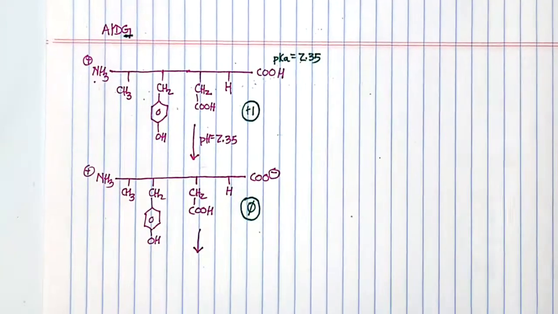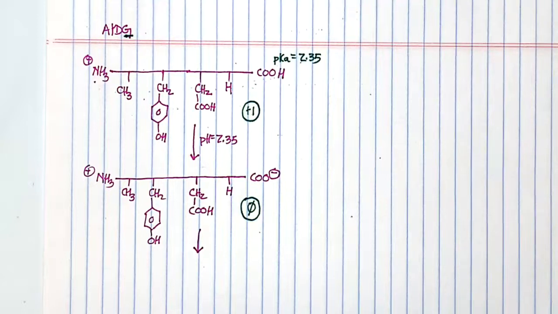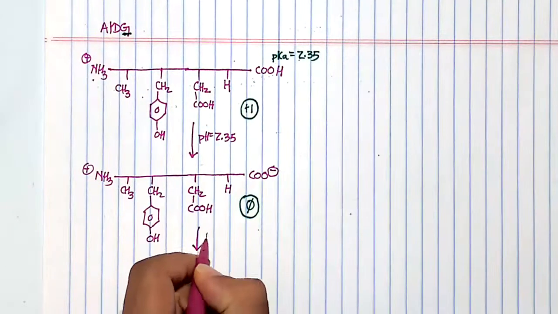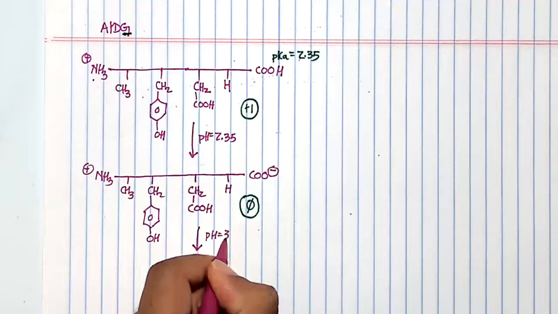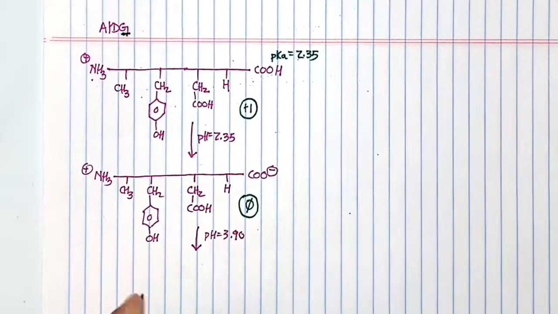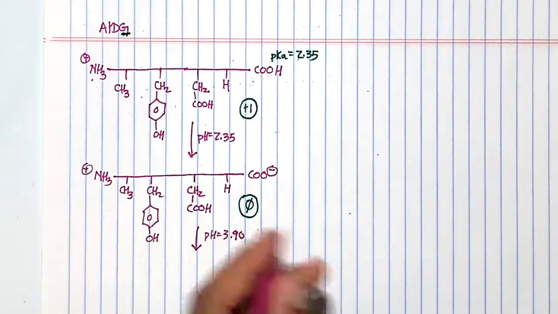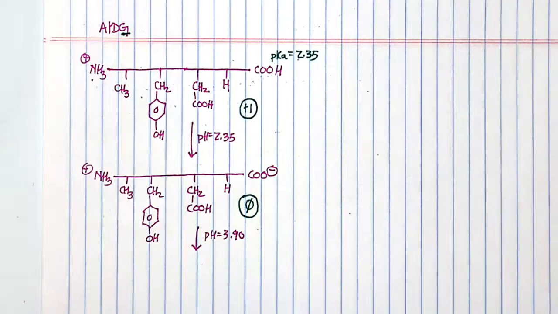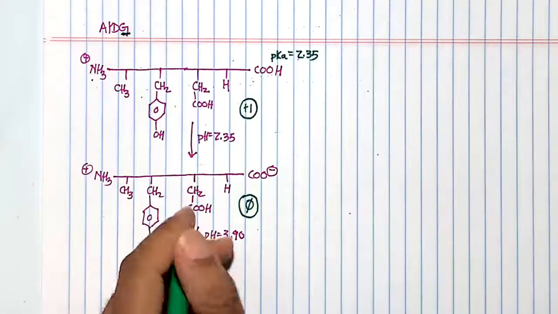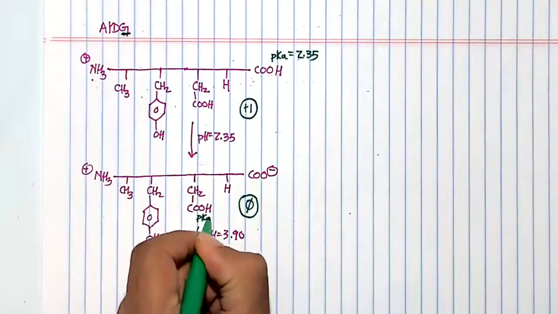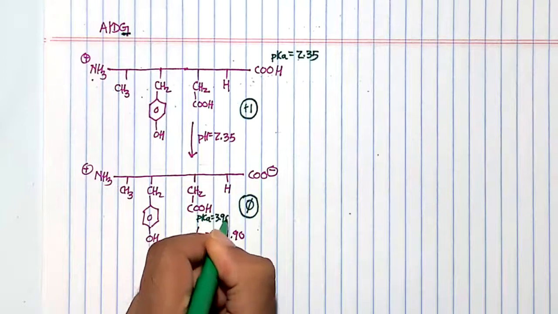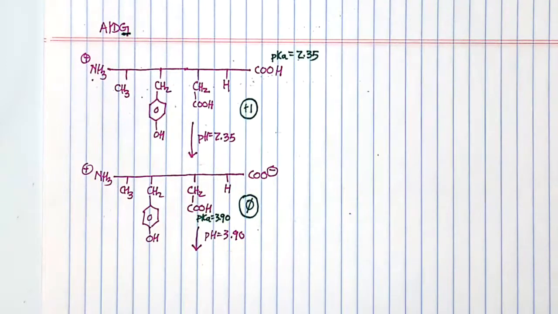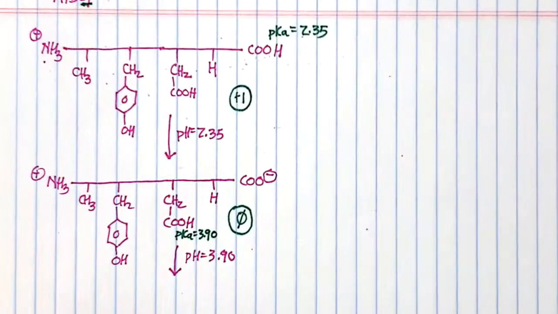According to my flashcards, the next one that comes off is at a pH of 3.90, and that is going to match the pKa of the side chain of aspartic acid, which has a pKa of 3.90. So at that pH of 3.90, this side chain of aspartic acid begins to come off.